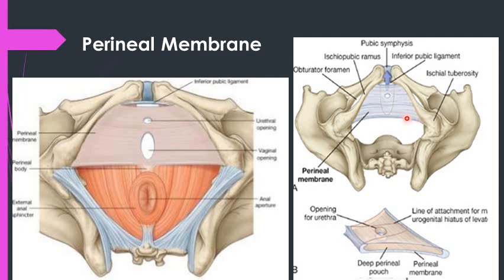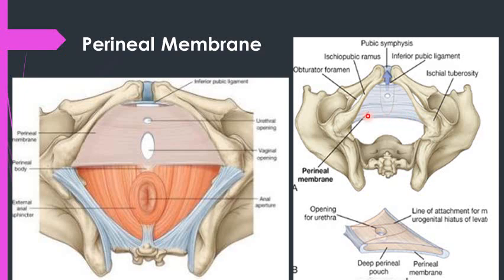So this is covering that triangular urogenital region only, and this line is showing its attachment on each side, and along the interischial transverse line you can see the posterior margin of the perineal membrane. And here in the center, the perineal membrane is going to attach and blend with the perineal body, as well as continue with Colles' fascia, which is the more superficial fascia present just beneath the skin of the perineum.